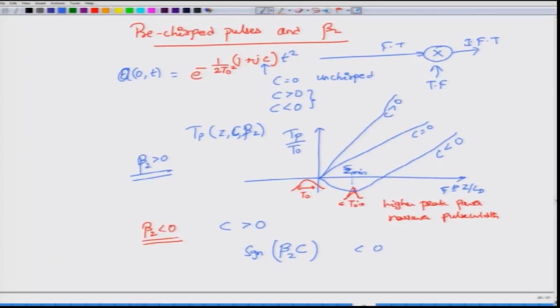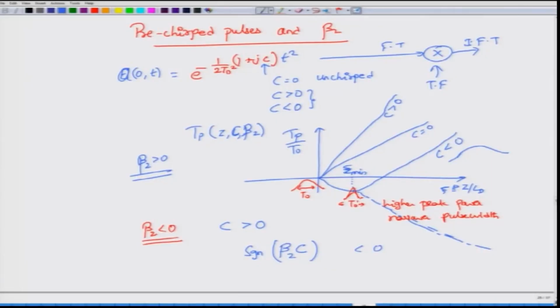Of course, you do not see pulse compression throughout, I mean you do not see a curve which would continue to compress. What happens is that after a certain compression, the pulse width actually starts to increase again. So, eventually you would have pulses that are broader at the output, but at least up to a distance of some zeta min, the pulse actually compresses, and this zeta min can be controlled by controlling the dispersion length LD via the parameter beta 2.